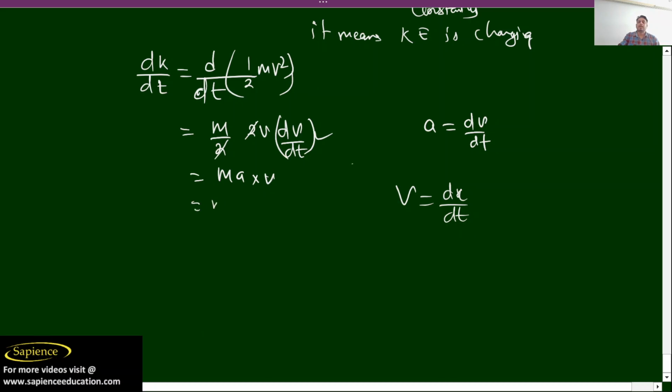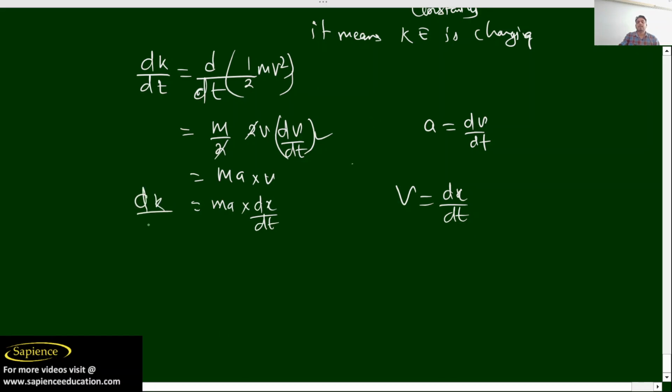So we can write ma into dx by dt, and this is equal to dK by dt. Now the dt cancels out, and since ma is force, which is variable, we get F dx equals dK.